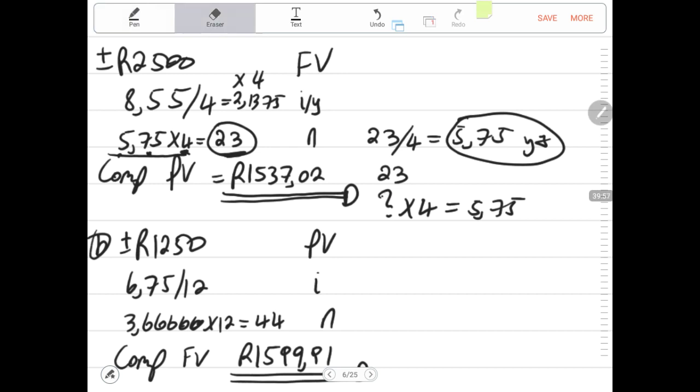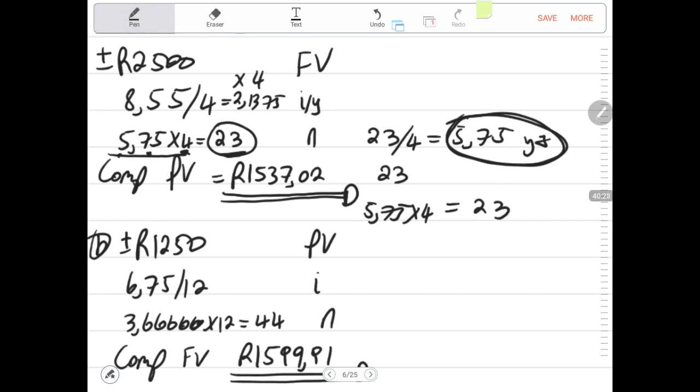We know that in order for us to get to 23, we multiplied 5.75 by 4, not 23 by 4. Yes, I'm just doing things wrongly now, sorry for that.